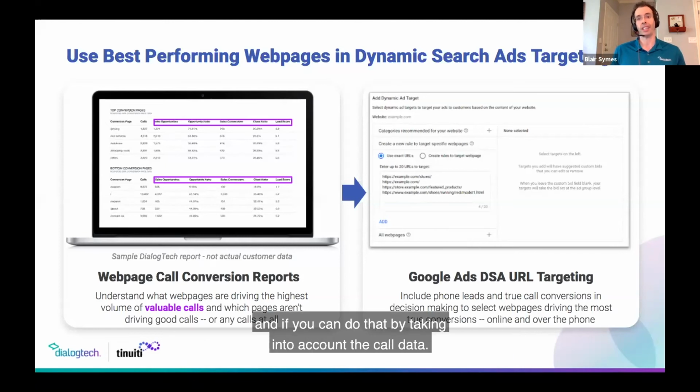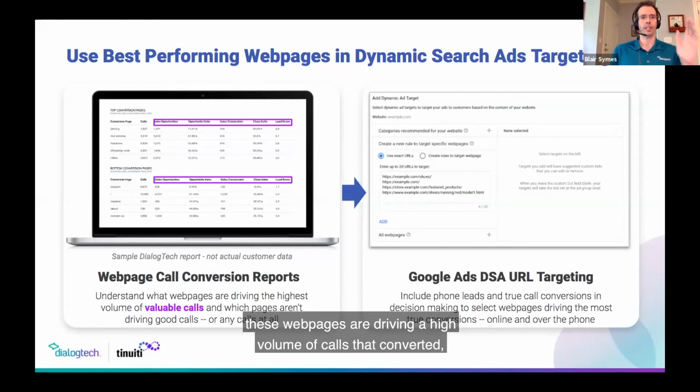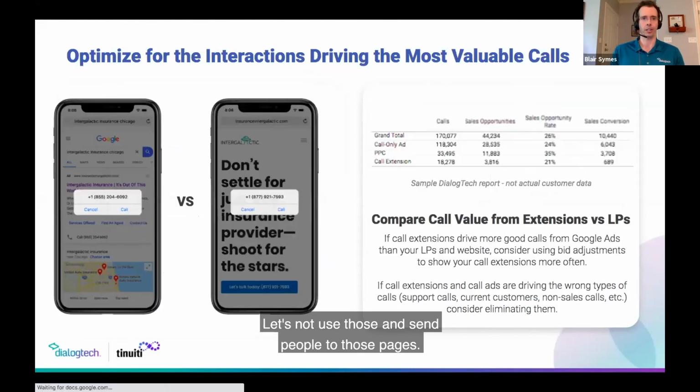And you can do that by taking into account the call data. So for example, you can see that these web pages are driving a high volume of good calls that converted. Let's use those in your dynamic search ads versus these web pages that are not driving any calls or conversions at all. Let's not send people to those pages.